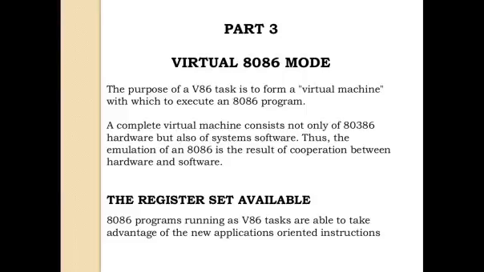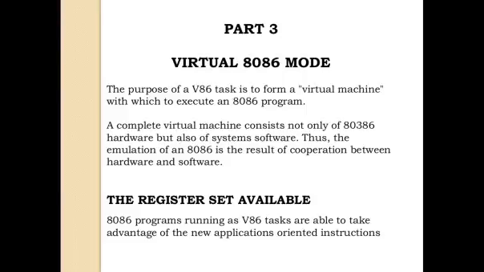What is the use of virtual 86 mode? It is basically used to execute the programs of 8086, that is the programs written by using the instruction set of 8086. A complete virtual machine consists of the hardware of 80386 and the software system required for execution of a program.